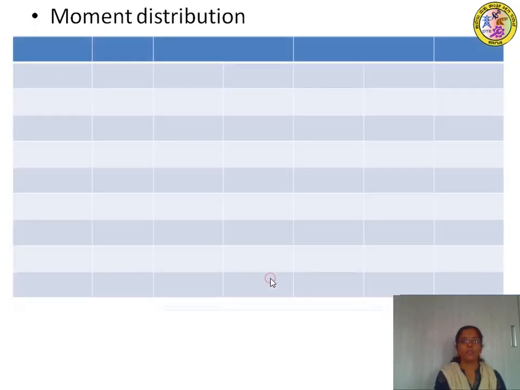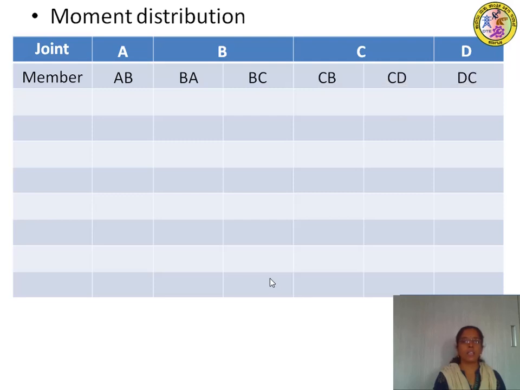Next we will distribute the moments. In the first row, joints A, B, C and D, and in the second row we have members AB, BA and BC at joint B, CB and CD at joint C, and DC at joint D. Next is distribution factor: for BA it is 0.43, for BC 0.57, for CB 0.57, and for CD it is 0.43.